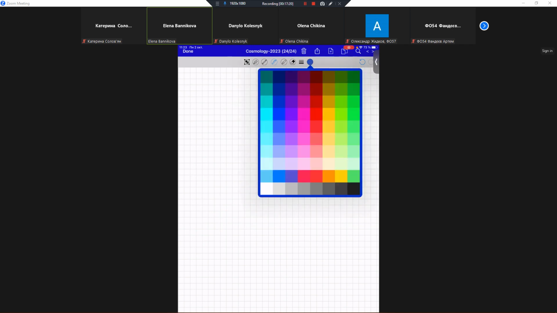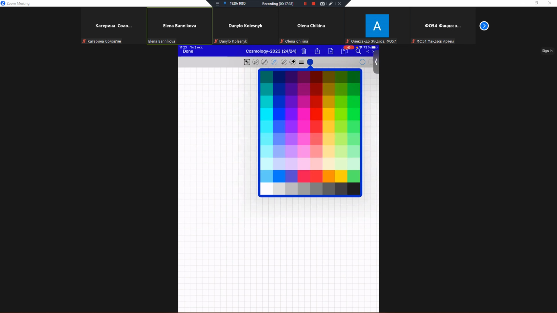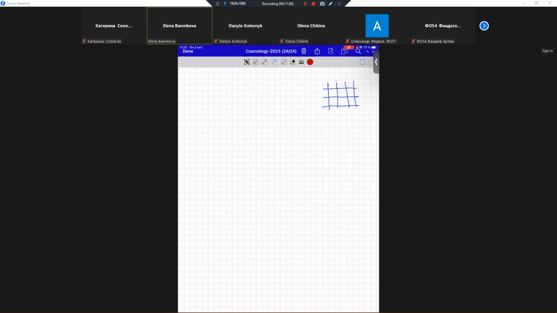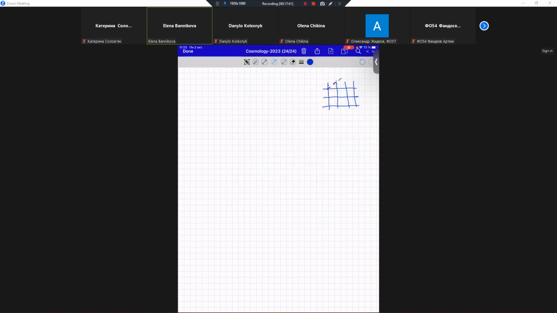Let me put a coordinate net, 3D like this.